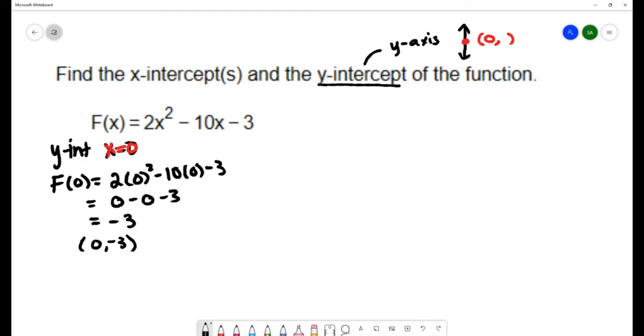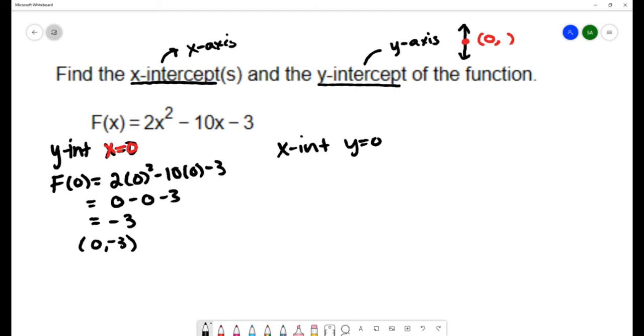So then we want to find our x-intercepts. To find an x-intercept, we're going to let y equal 0. Let's pause for a moment to say why we're doing that. The definition of an x-intercept is that an x-intercept will be at a point where the graph crosses or touches the x-axis.